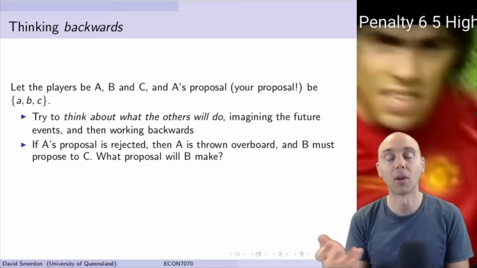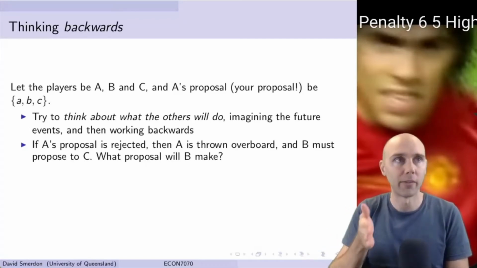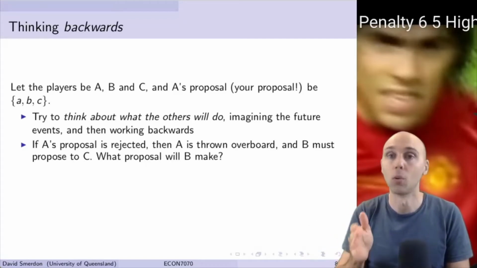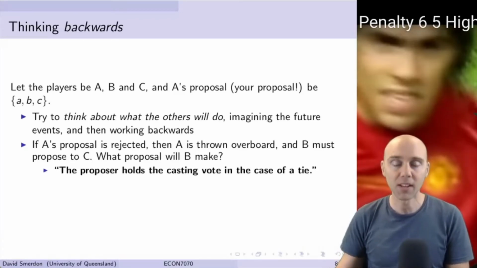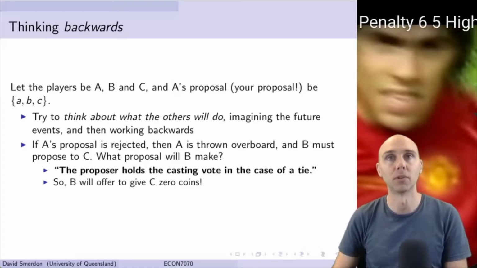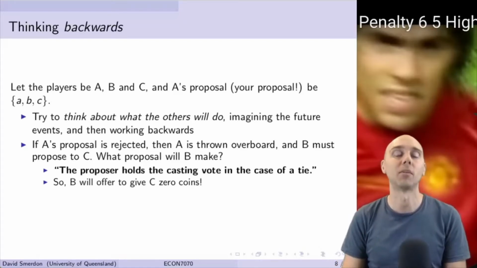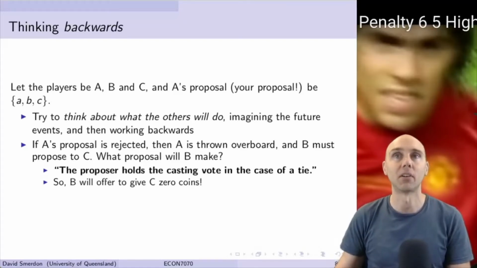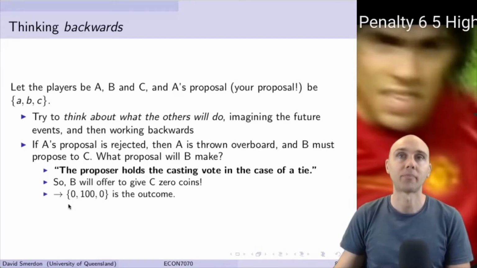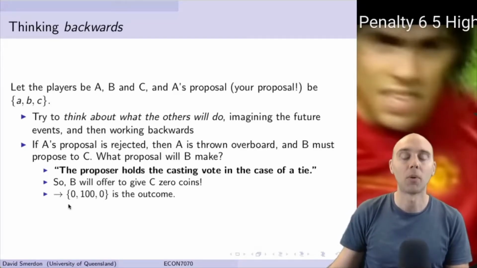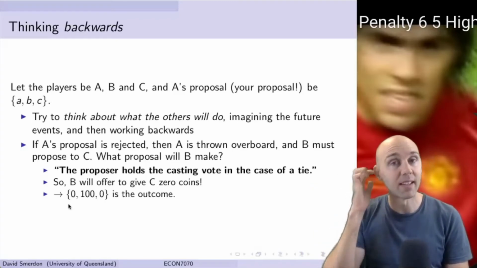Because of the tie-breaking arrangement, whatever B says will go, whether or not C disagrees. So given that, it's quite easy to work out what B will do. B will take everything for himself and give C 0 coins. And the final outcome will be 100 to B, 0 to C, and of course you got nothing, you're drowned now. But we need to know this because putting ourselves in the minds of B and C helps us.